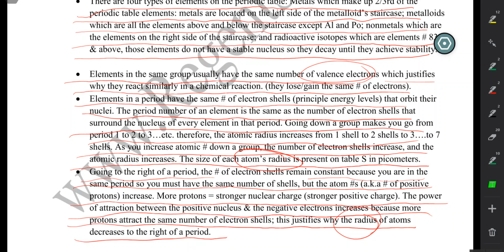We also see that we're talking about atomic radius, the trend across a period, and the trend down a group. Let's explain that.